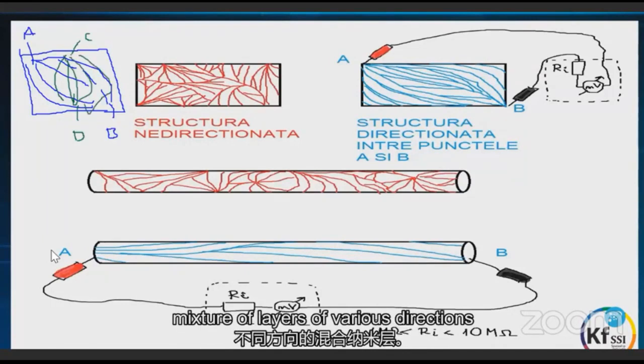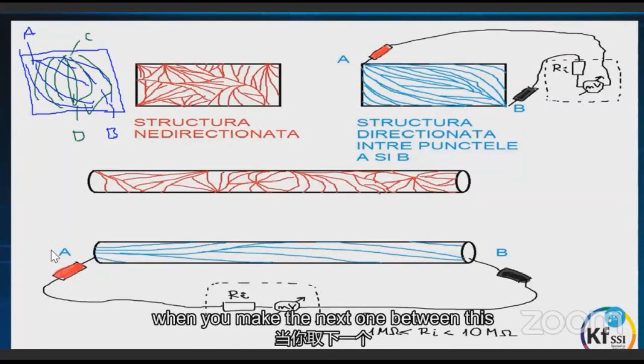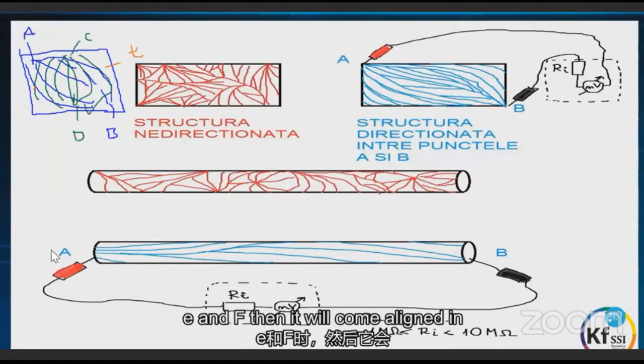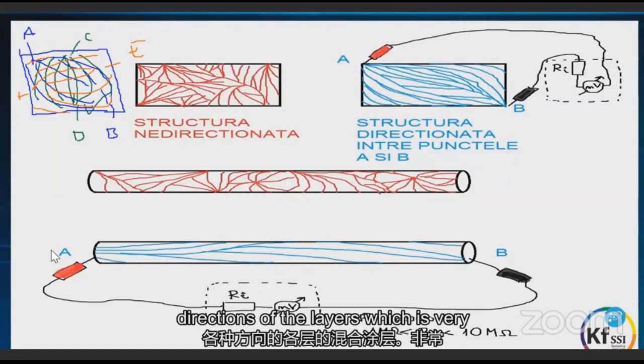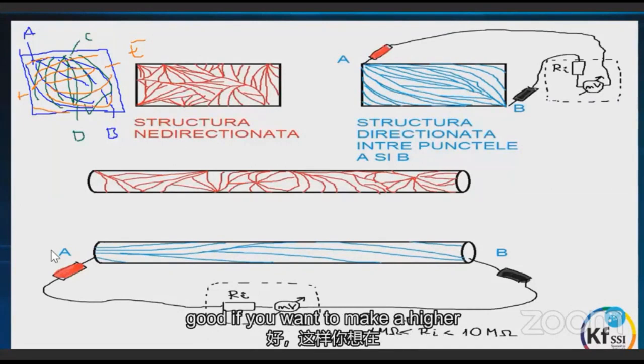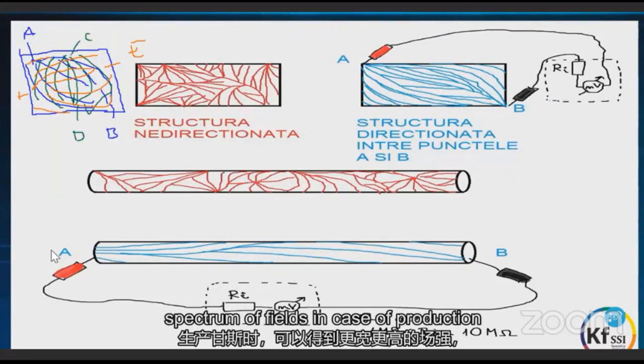So you have a mixture of layers of various directions. When you make the next one between E and F, it will come aligned in this way. So you'll have a mixture of directions of the layers, which is very good if you want to make a higher spectrum of fields in case of production of GaNs.